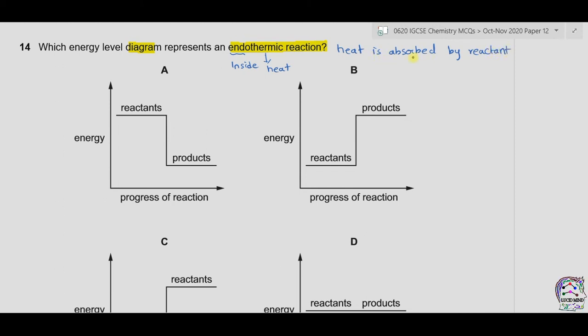So if heat is absorbed by the reactants, then the energy of product will be higher than the energy of the reactants. So in A the energy of product is lower, which is incorrect. In B the energy of product is higher than that of reactant, so it could be an endothermic reaction.